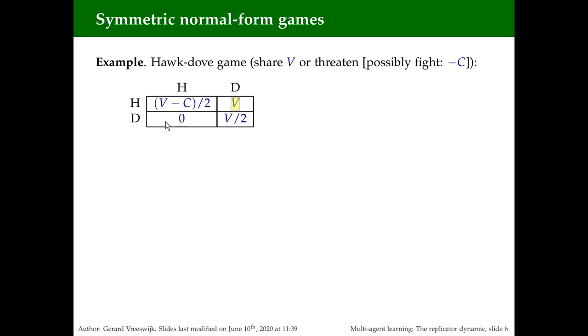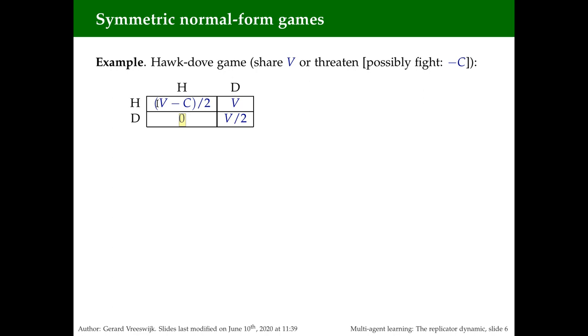And if the row player is a passive party, the column player takes the whole resource, so the row player gets nothing.